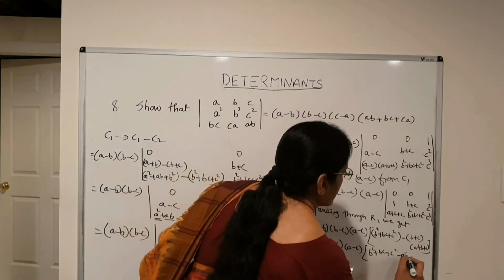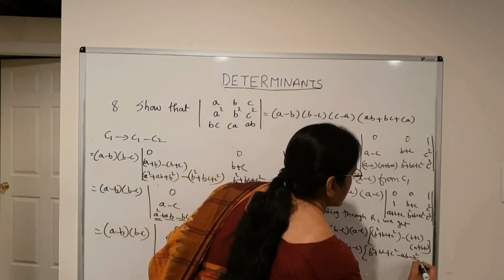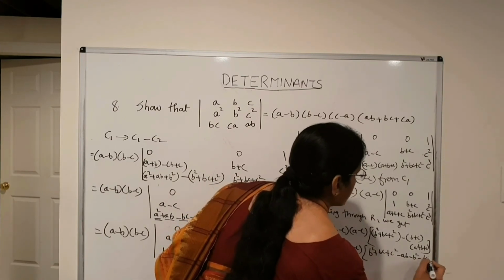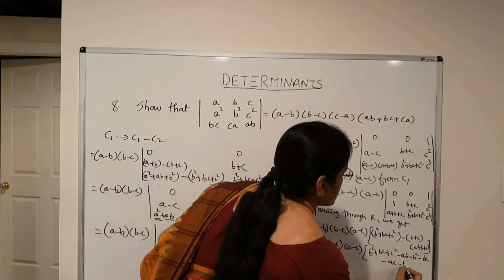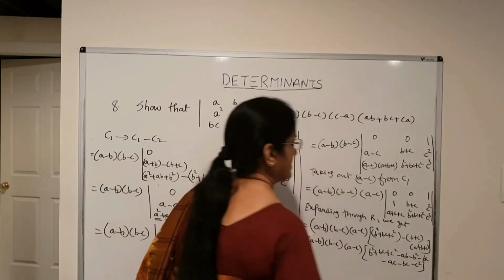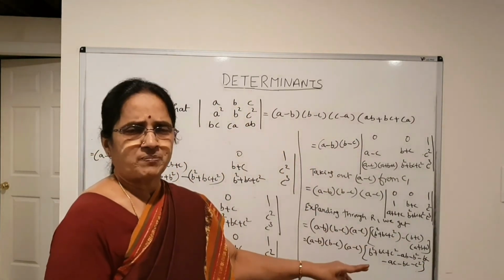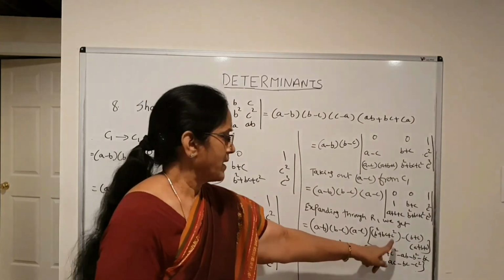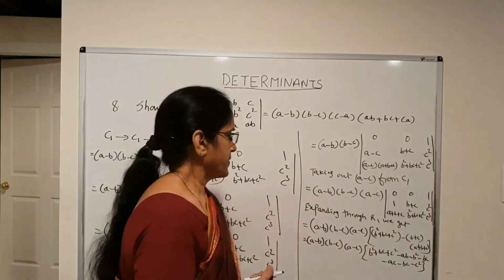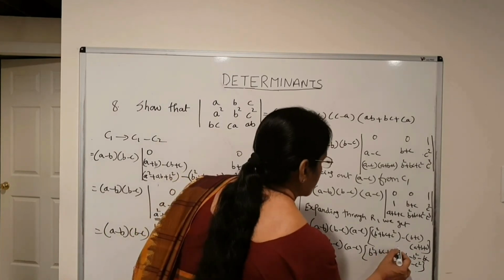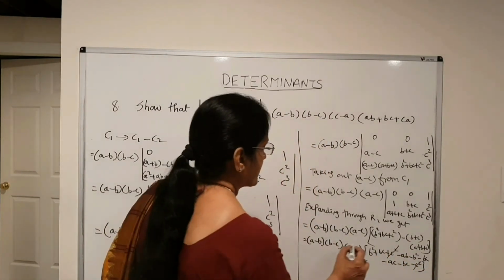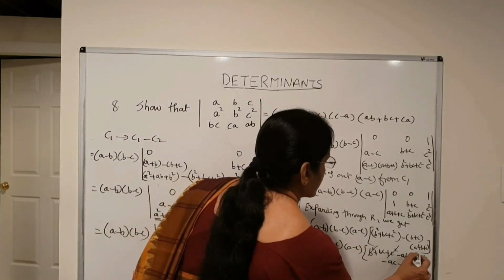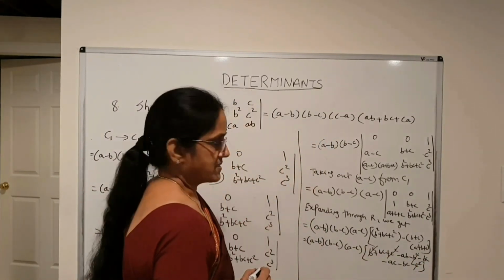Minus ab minus b square minus bc, then minus ac minus bc minus c square. Simple algebraic multiplication. Term by term I multiply. That's all. Here plus c square minus c square will get cancelled. Plus b square minus b square will get cancelled.